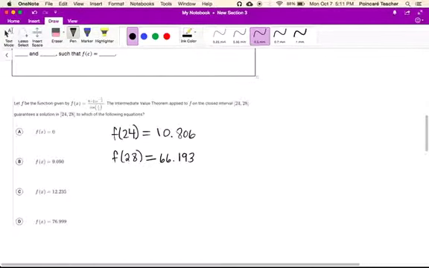Okay, so our y values, we're trying to decide that the intermediate value theorem says it will work here. It has to be between 10.806 and 66.193.